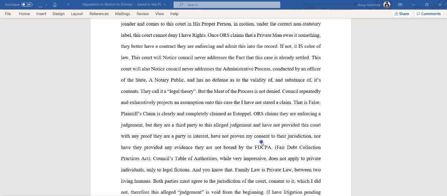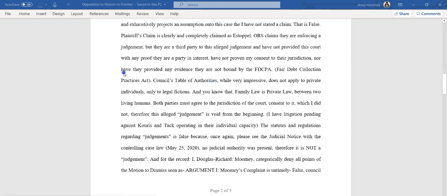They have not proven my consent to their jurisdiction, nor have they provided any evidence they are not bound by the FDCPA. Remember, on the last one, all appellate courts have ruled that child support is a commercial debt. And if it's commercial and it's a debt, then it's under the Fair Debt Collection Practices Act.